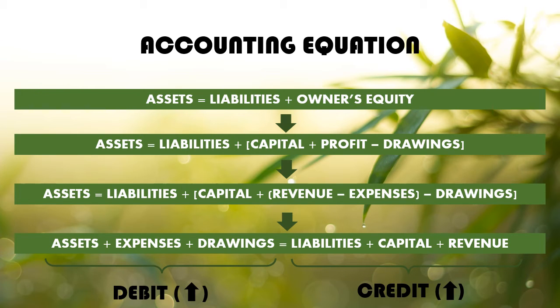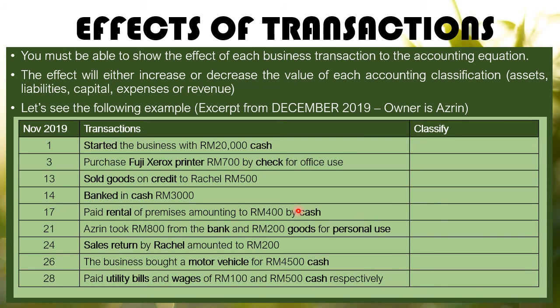Right. So, let's do some example to see whether you can understand this properly. Okay, so once you understand the accounting equation, we must show the effect of the transaction to the equation. Okay, apakah kalau saya beli ni buat ni, apa effect transaction saya tu terhadap equation saya.